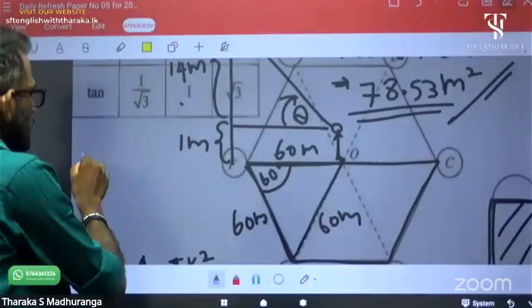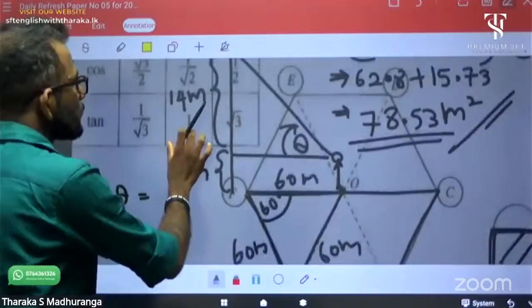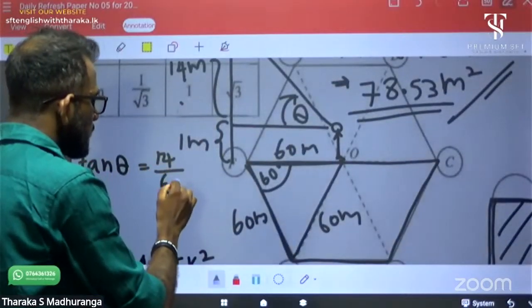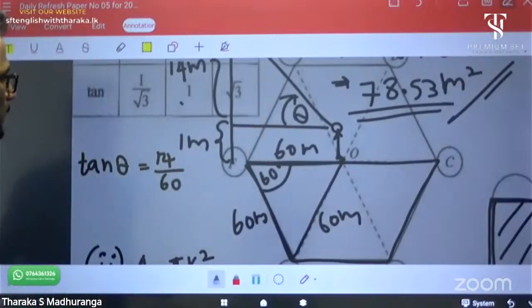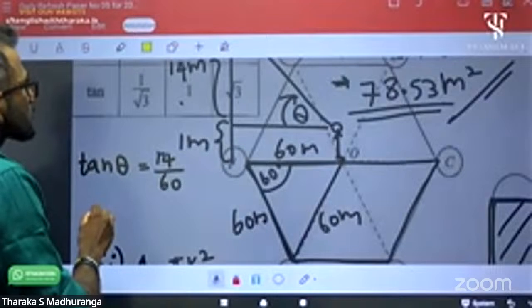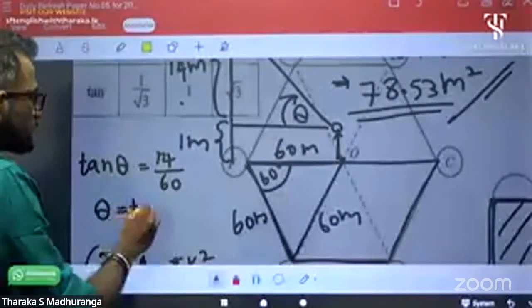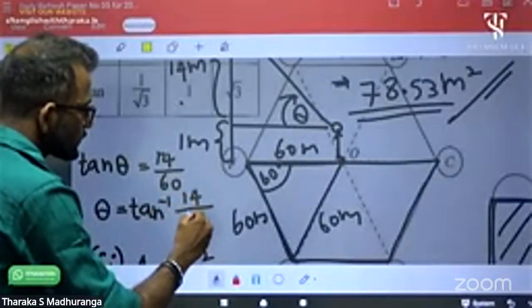Tan theta equals 14/60. Now tan inverse of 14/60.